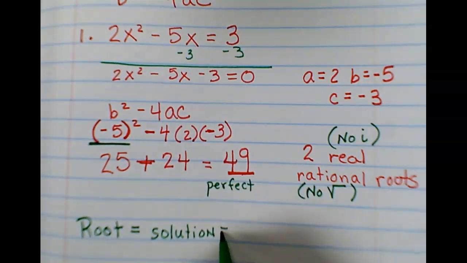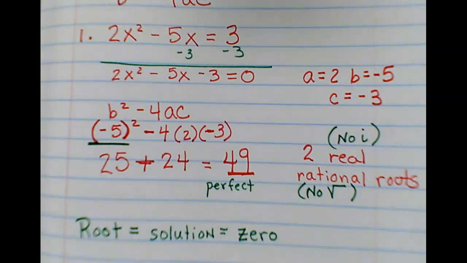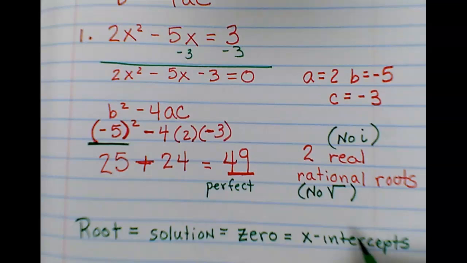A solution can also be called a 0, because we get the solutions by putting the equation equal to 0. And we're going to learn when we get to the graphing part that these solutions that we find are the x-intercepts on the graph. So all of these words mean the same thing: roots and solutions and zeros and x-intercepts.